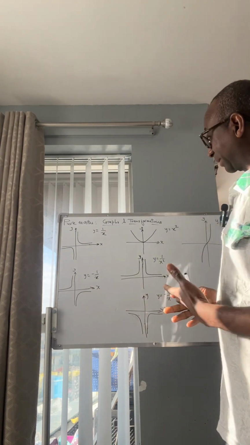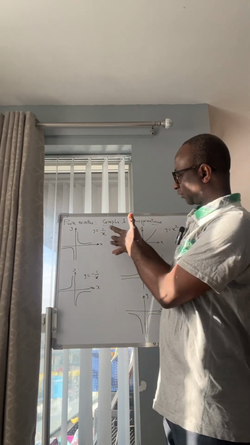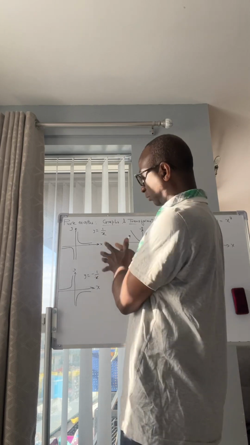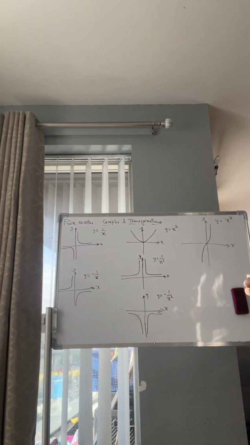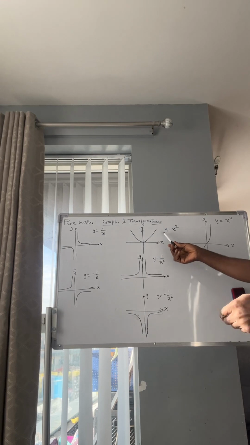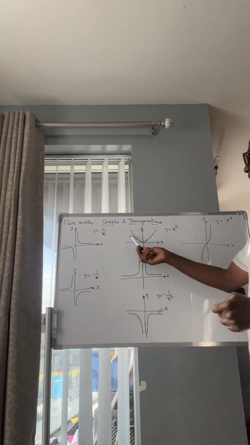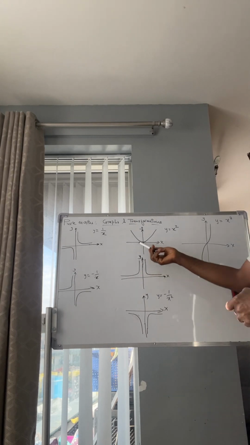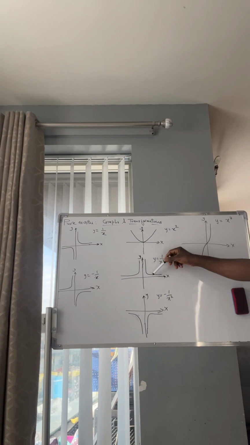It's good practice to have the picture of the graphs of these functions in your mind. It helps when you are plotting graphs. This is a quadratic function. When y is x squared, you get this type of graph. You should be familiar with this. When it is 1 over x squared, the graph looks like this.